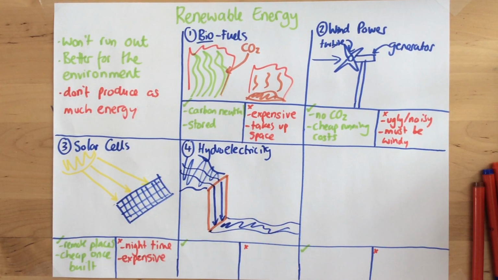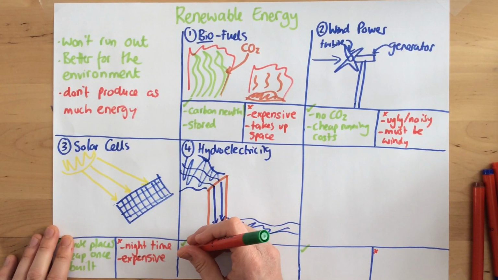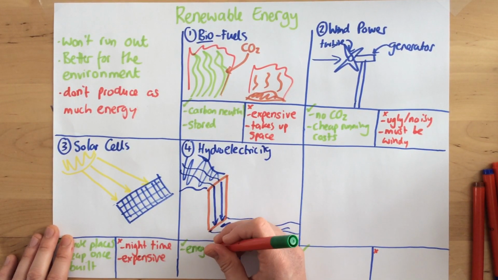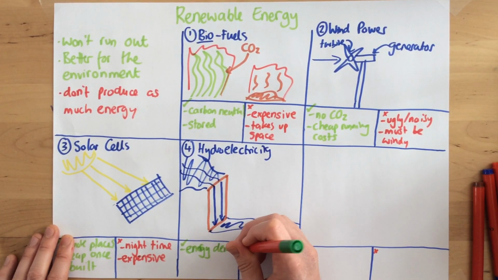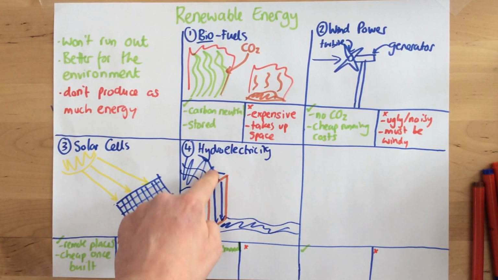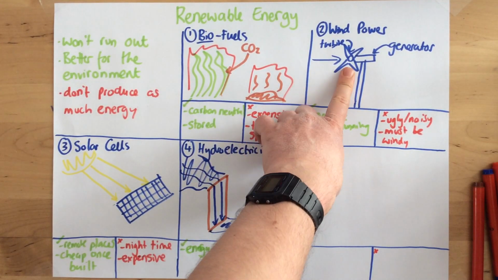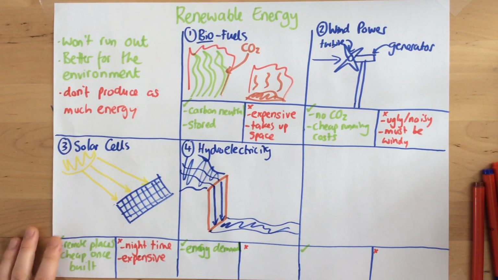Now the positive side of it is hydroelectric power is really good for meeting energy demand. So for example, if a city suddenly needed lots and lots more electricity, they just let more water pass through the dam, turning the turbines at a faster rate, producing more electricity.